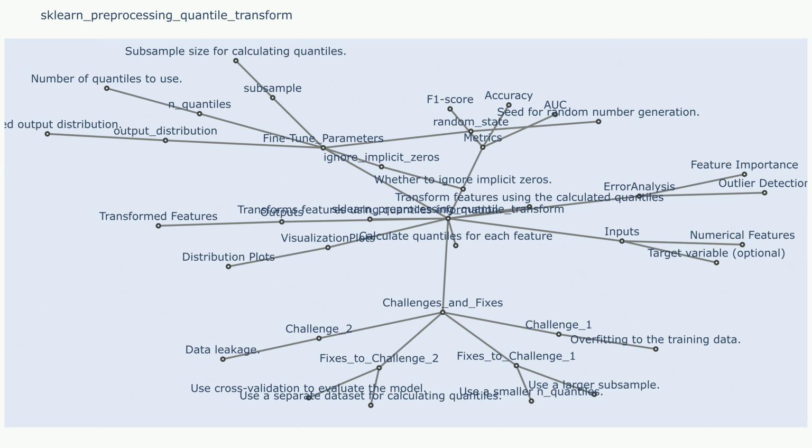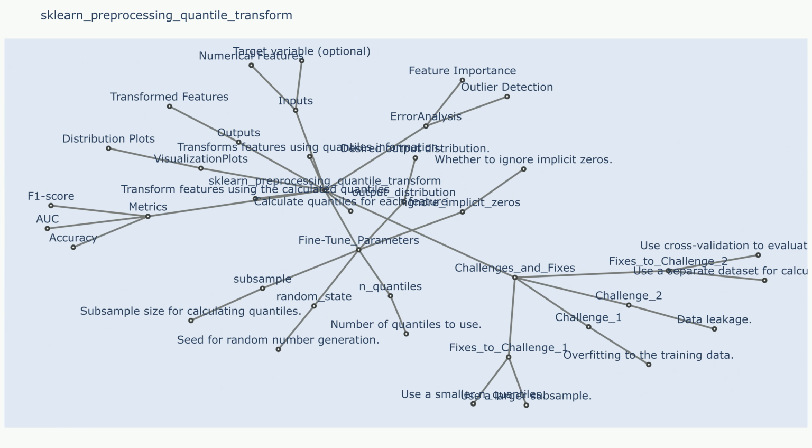Random state: this parameter is used for reproducibility, especially when using algorithms that rely on random sampling. Uncertainty methods. Bootstrap resampling: this technique involves repeatedly drawing samples with replacement from the original data to create multiple transformed datasets.